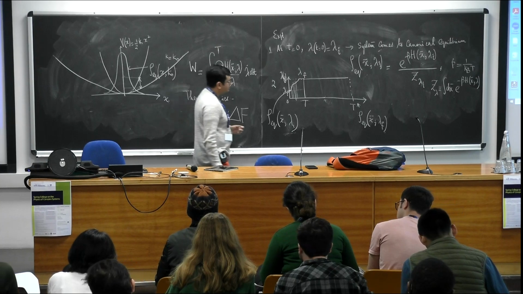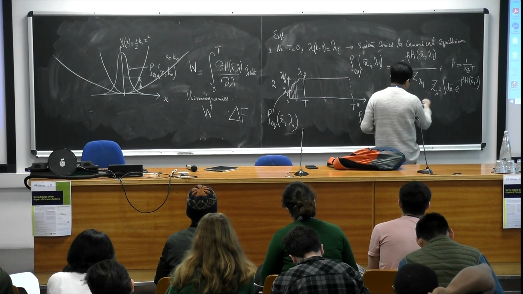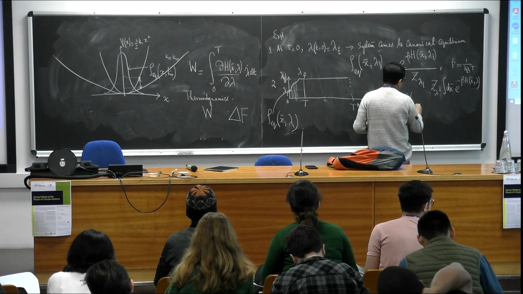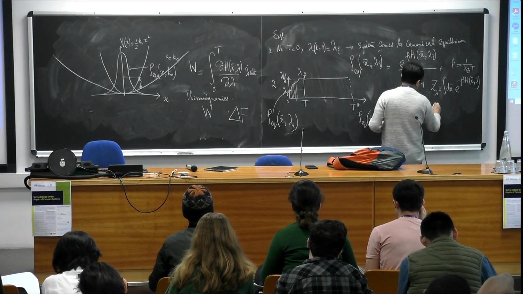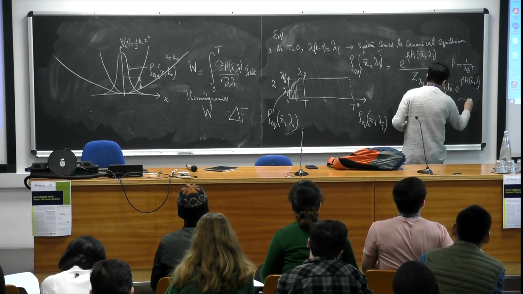How do I define the free energy? Free energy is defined the way it is defined in statistical mechanics: when lambda has got the value this, it is equal to minus kBT log of Z lambda.